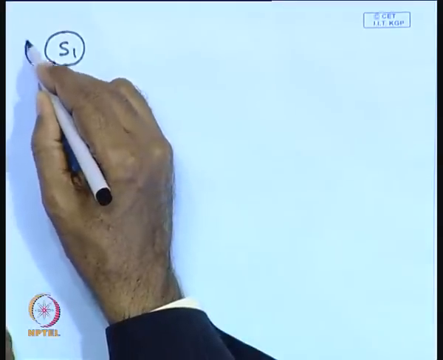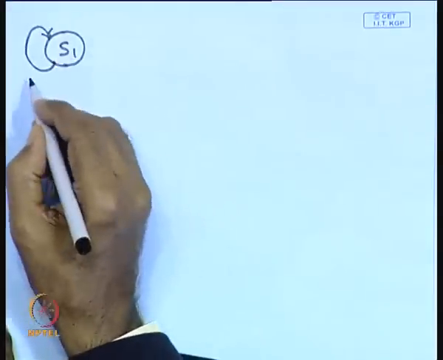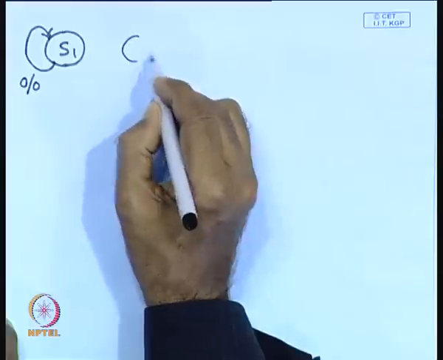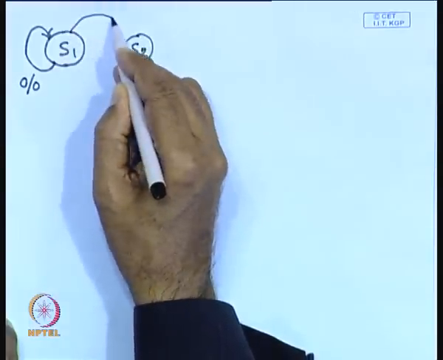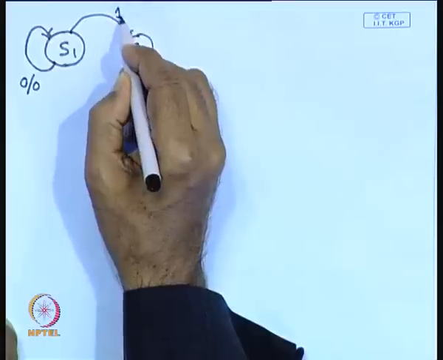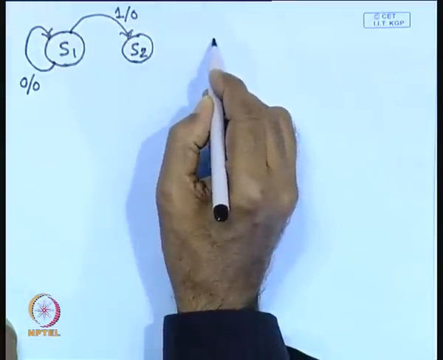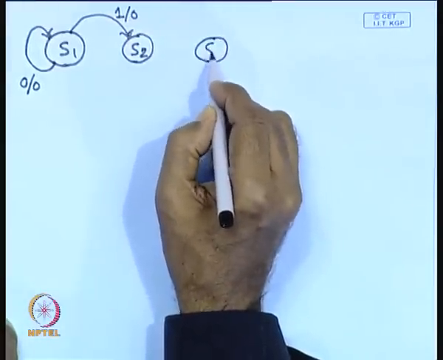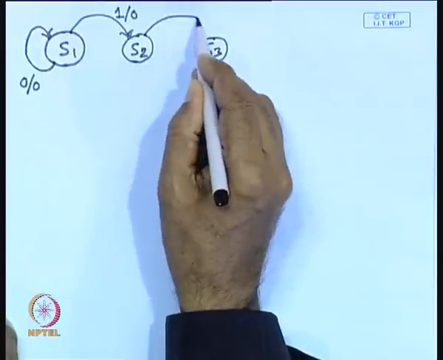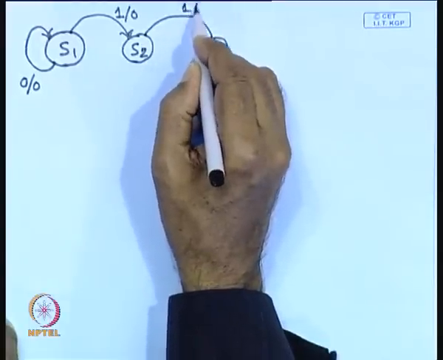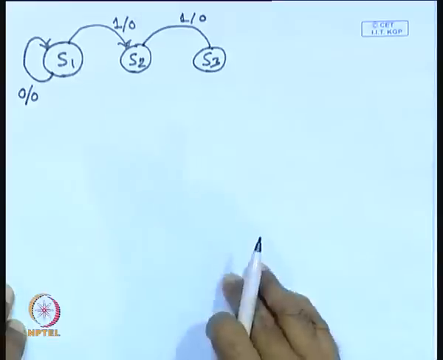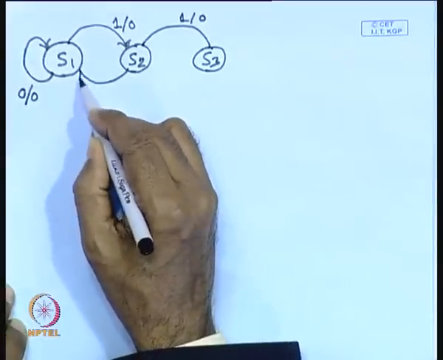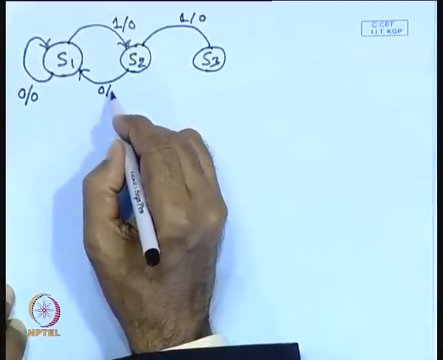As long as the input is 0, it can remain in state S1, producing 0 with input 0. Then it will go to state S2 when a 1 occurs, producing 0, and it will go to state S3 if another 1 occurs. However, if a 0 occurs, then it will go back to state S1, that means 0 by 0.